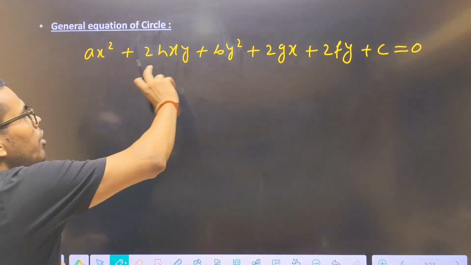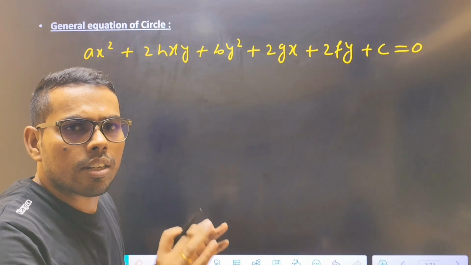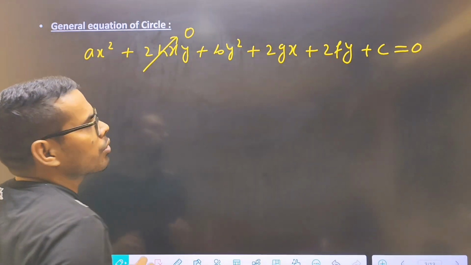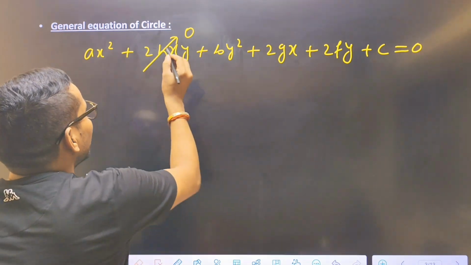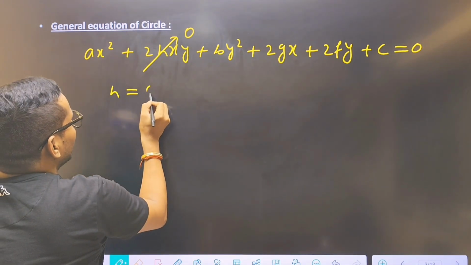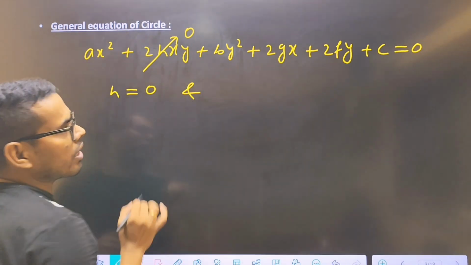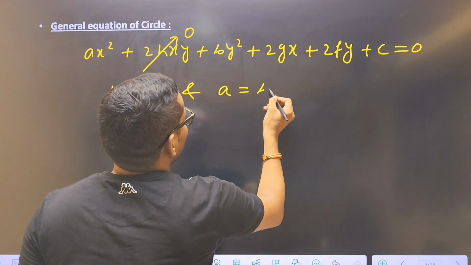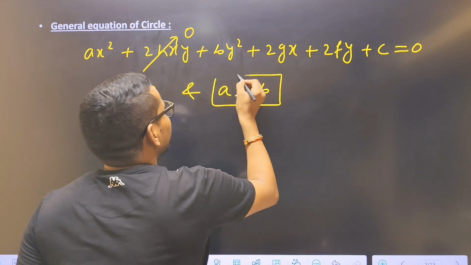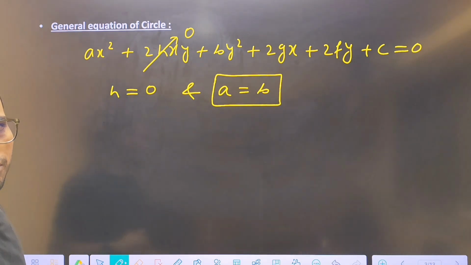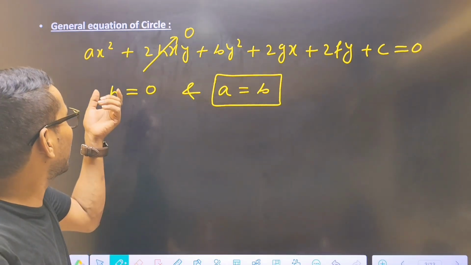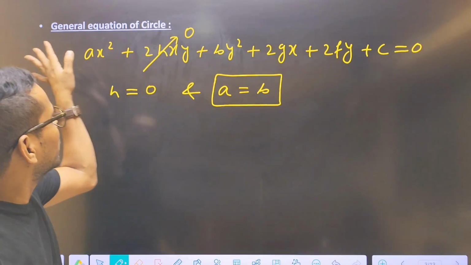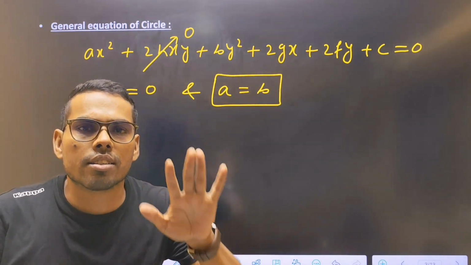Now, when it will represent a circle, there are certain conditions. The first condition is h should be equal to 0. The second condition is a should be equal to b. If these two conditions are satisfied, then this equation represents a circle.